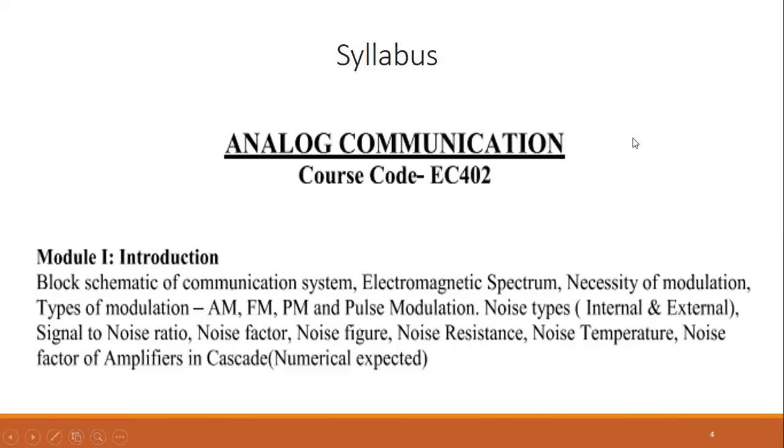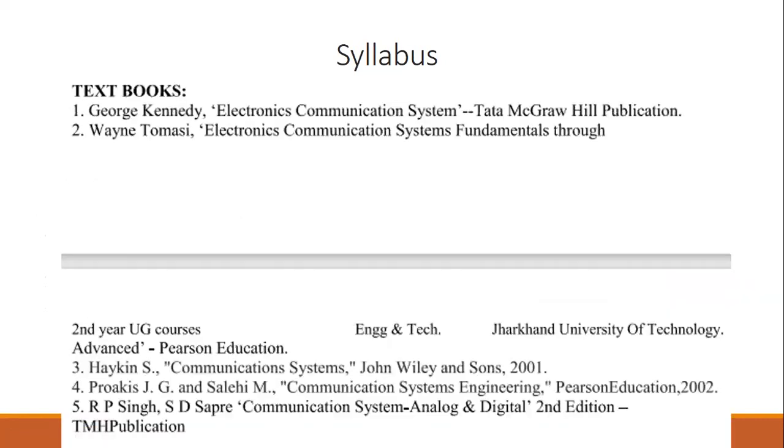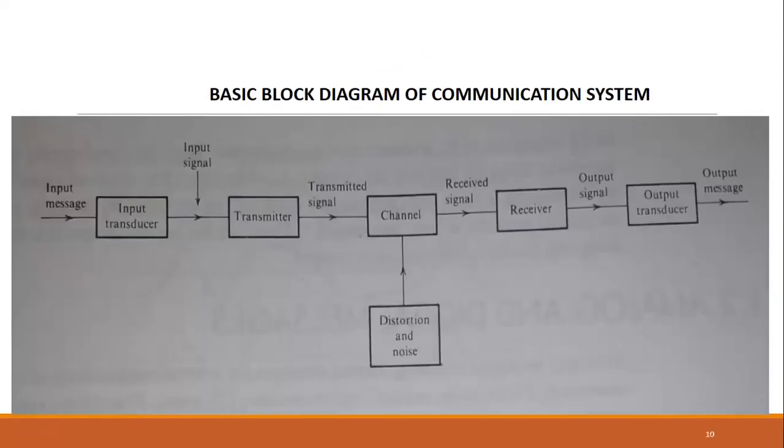So this is the syllabus again. Okay, now you can see that there is a very basic block diagram for the purpose of communication. So what is the first block which is shown over here? What is this first block?